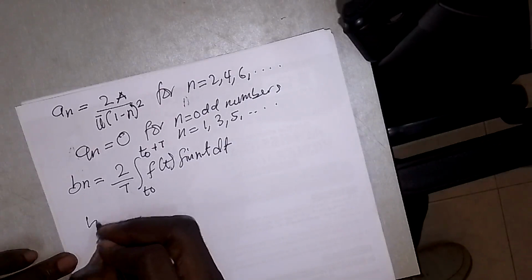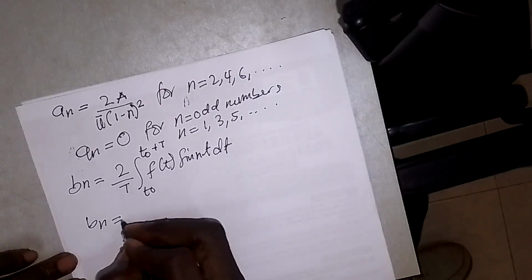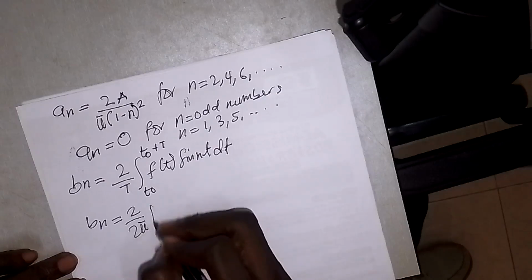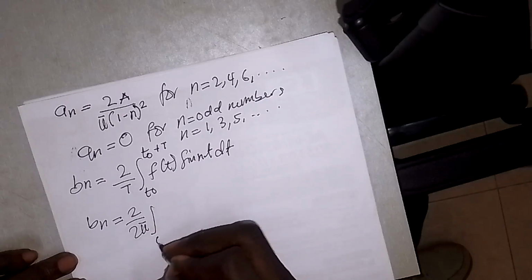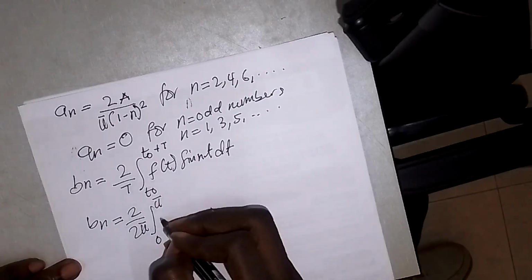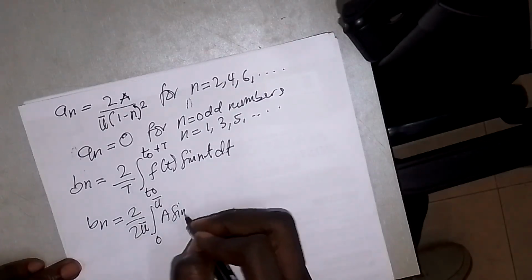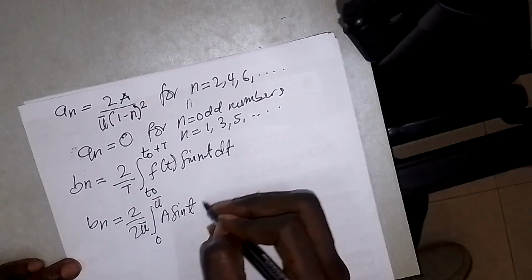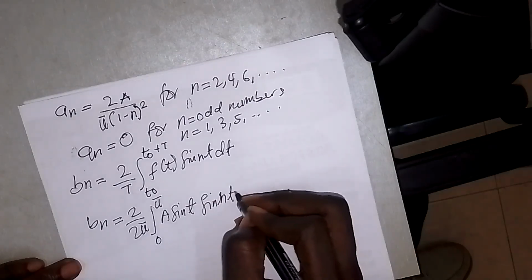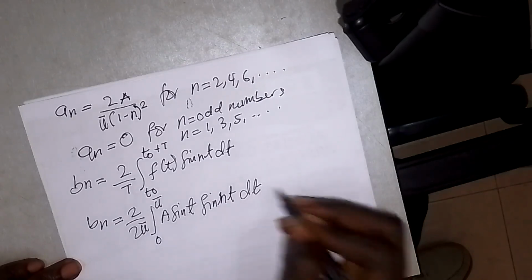So here Bn is equal to 2 on 2 pi, into the integral from 0 to pi of a sine t, into sine n t dt.